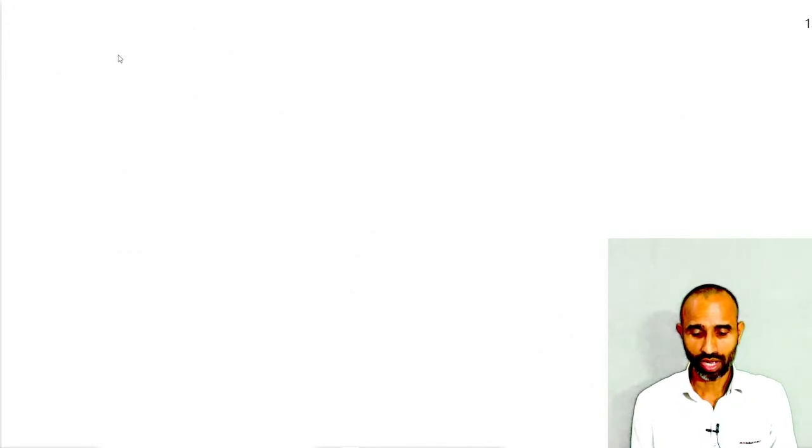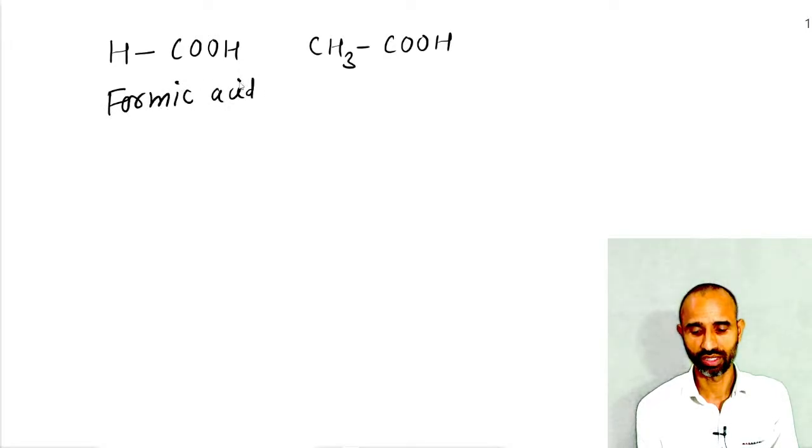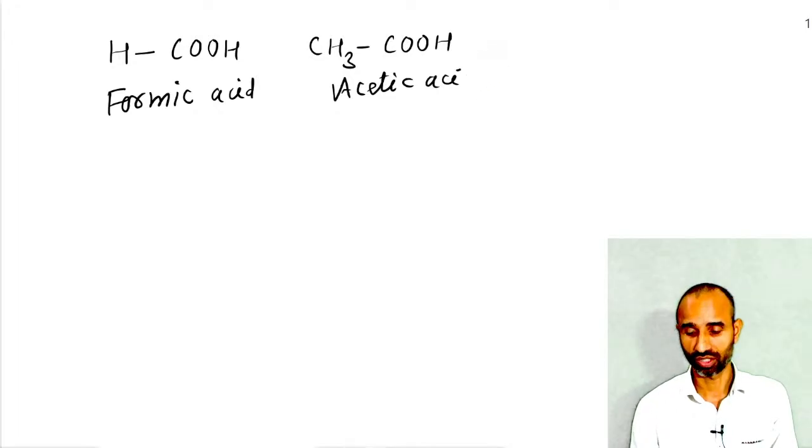So now let us suppose we have these two molecules, methanoic acid, also called formic acid, and acetic acid, also known as ethanoic acid.